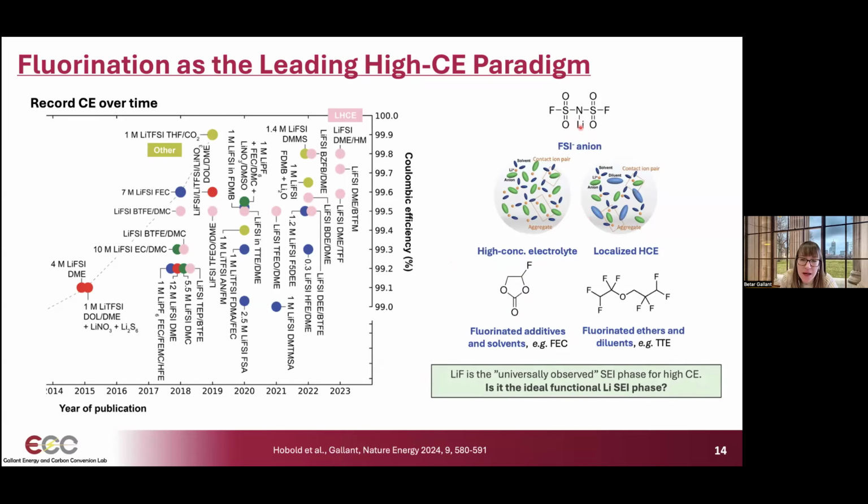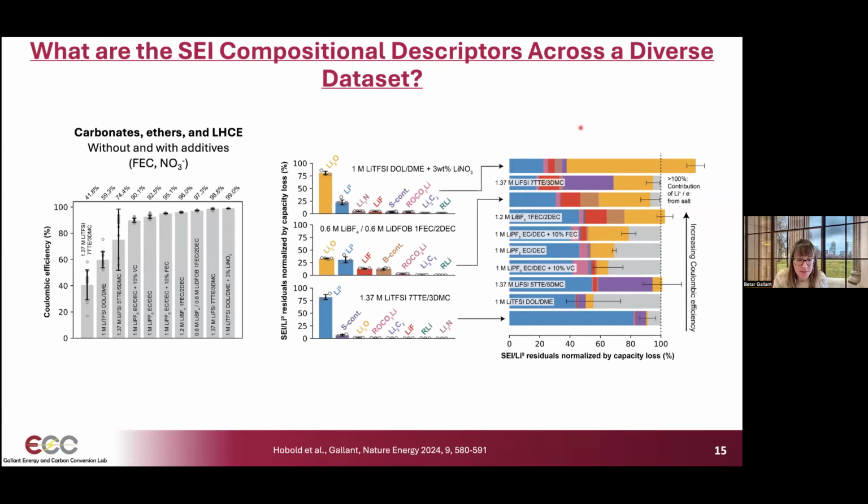So it's not perhaps surprising that we tend to observe lithium fluoride in the SEI using methods like XPS. And it's become a rule of thumb that increasing fluorination in the SEI is really the unique pathway to reach higher performance, at least until a couple of years ago. So now for the first time, we actually have a platform that allows us to question this assumption.